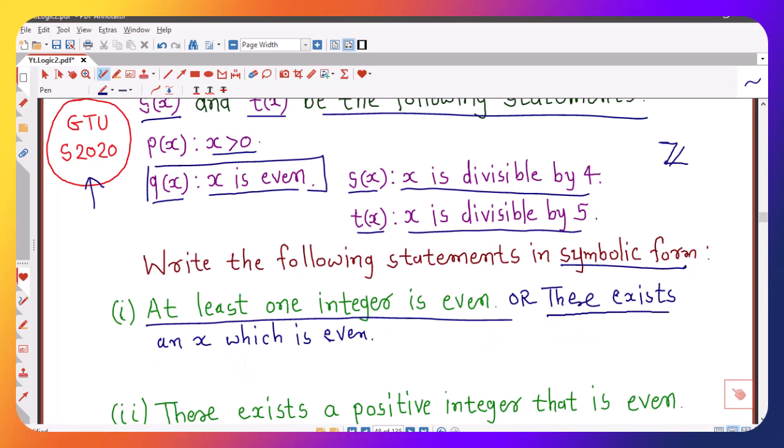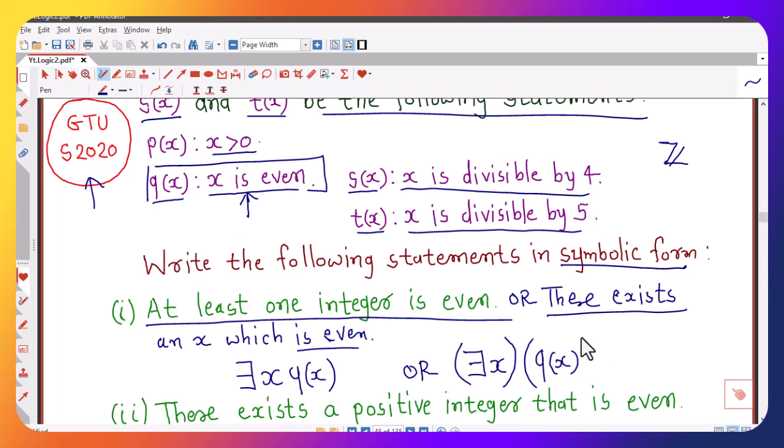So we write there exists x, and x is even is denoted by q(x). Some authors write this with brackets: there exists x such that q(x) in brackets.